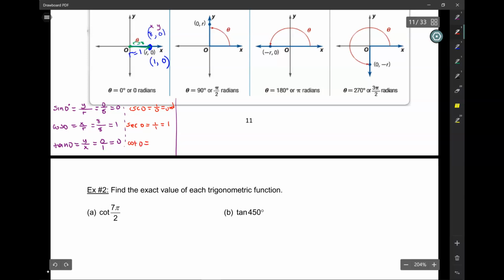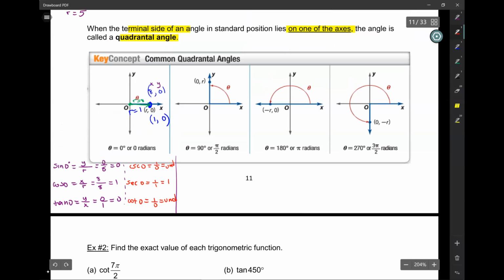Cotangent of 0, 1 over 0, undefined. Okay. You are not allowed to leave it as 1 over 0. You must say undefined because the person grading your paper needs to know that that's undefined, right? 1 over 0 is a number that doesn't exist, so you're not allowed to have that as an answer, okay?